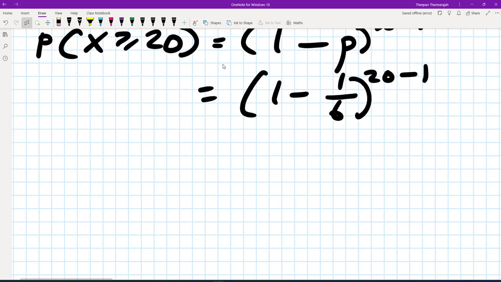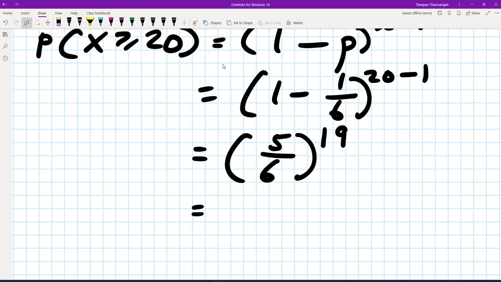So we're going to do 5/6 raised to the power 19. And that's going to give me the following here, which we can do in my calculator, 0.0313 to 4 decimal places.